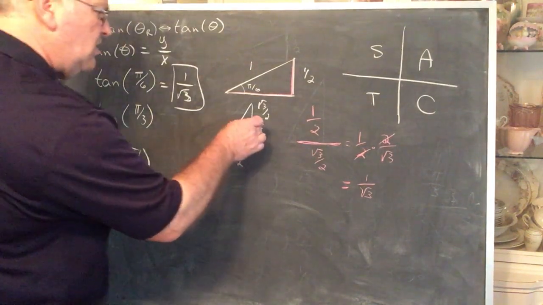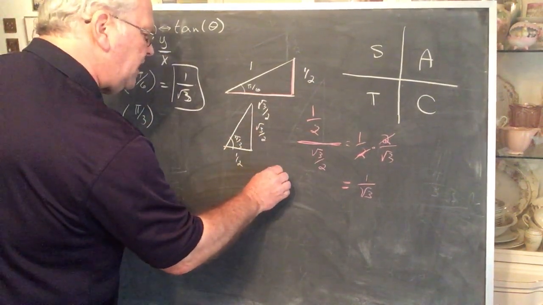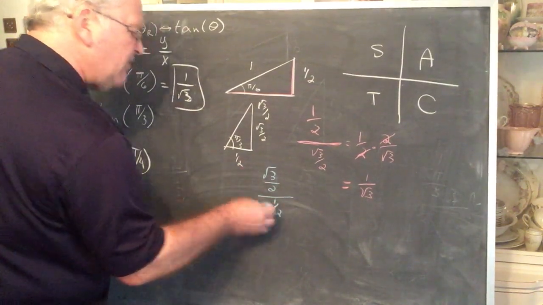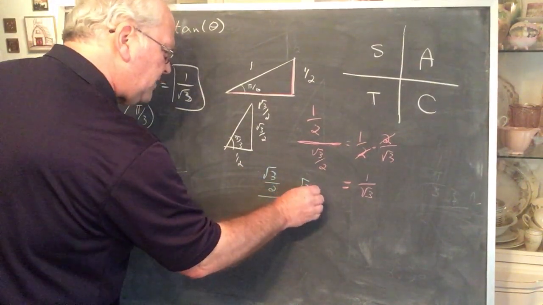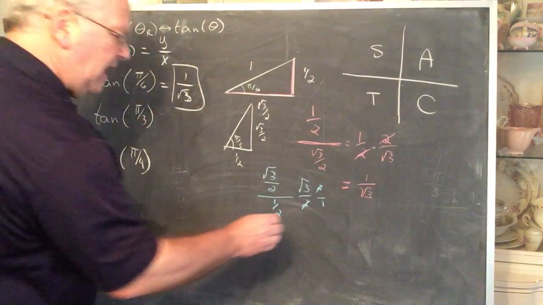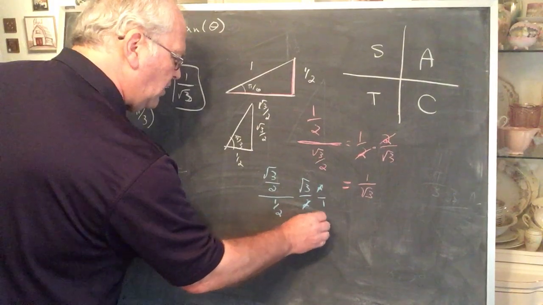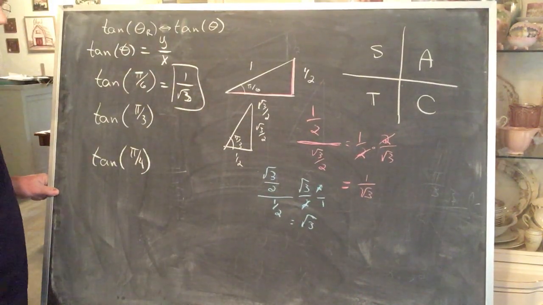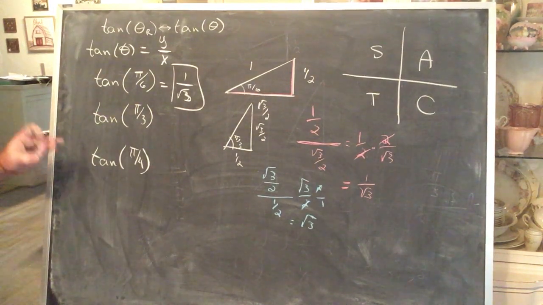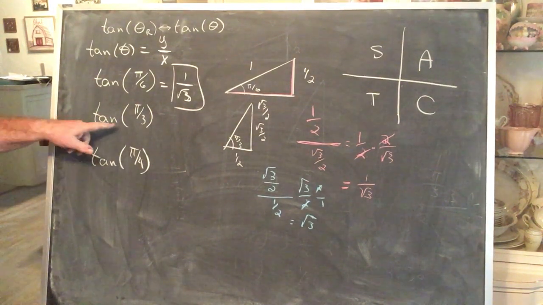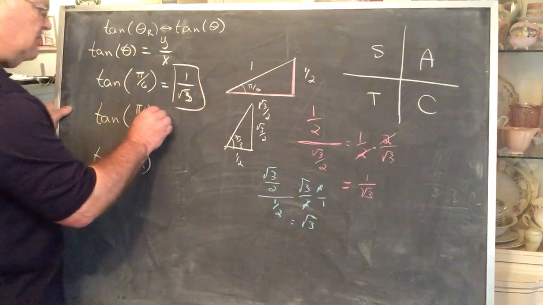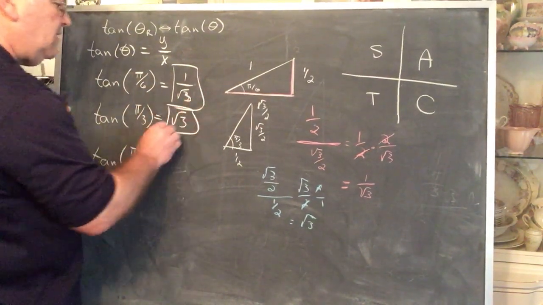In this scenario, vertical, square root of 3 over 2, divided by horizontal, 1/2. But once again, the denominators cancel. And this becomes the square root of 3 over 1, or simply the square root of 3. And so, when we're forming tangent, you may ignore the denominators. So tangent of pi over 3 is radical 3 over 1, or simply radical 3.